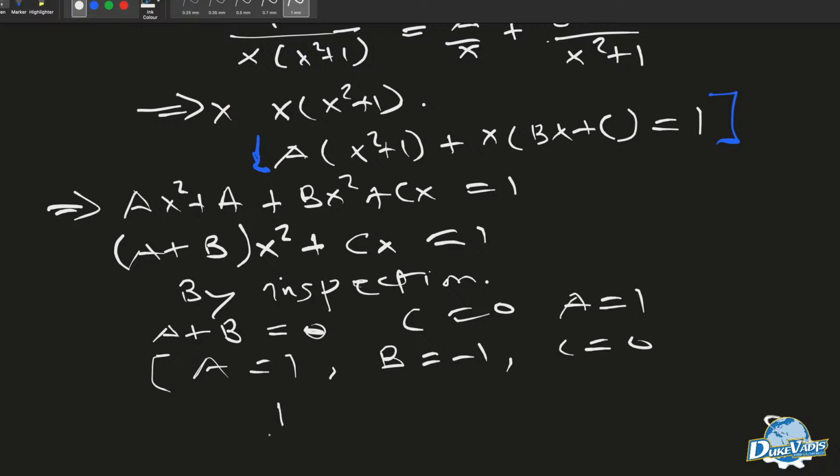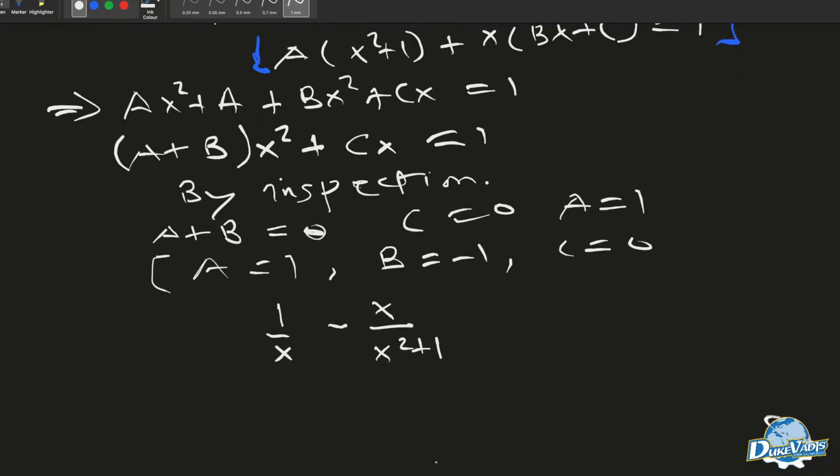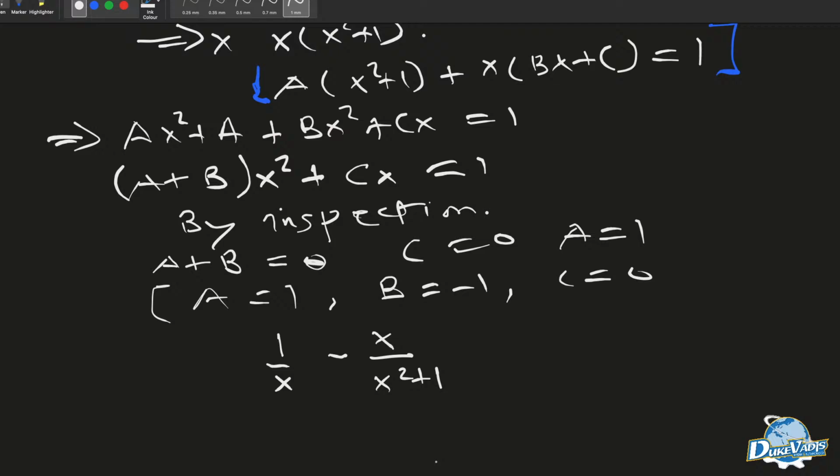Then we have 1 over x, then negative x over x squared plus 1. Now let's put this expression back into the form of integration. So this will be the integral of 1 over x dx minus the integral of x over x squared plus 1 dx.